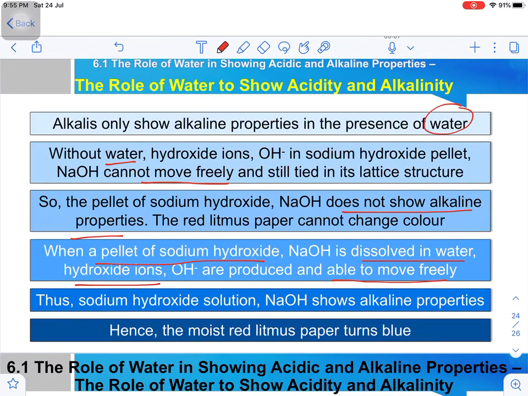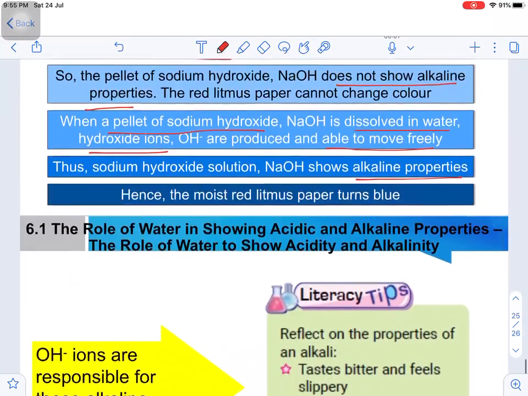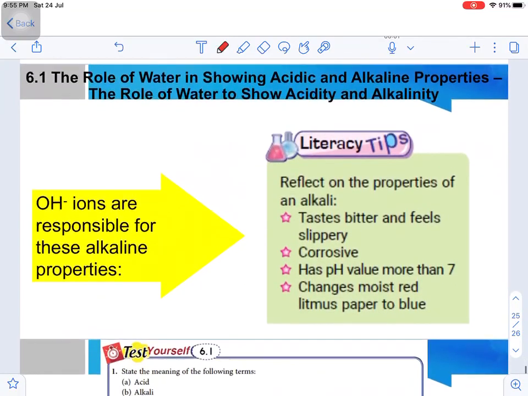So, sodium hydroxide solution shows alkaline properties and red litmus paper turns blue. Hydroxide ion is also responsible for alkaline properties, which are bitter taste, slippery feel, corrosive, pH value more than 7, and changing moist red litmus paper to blue.